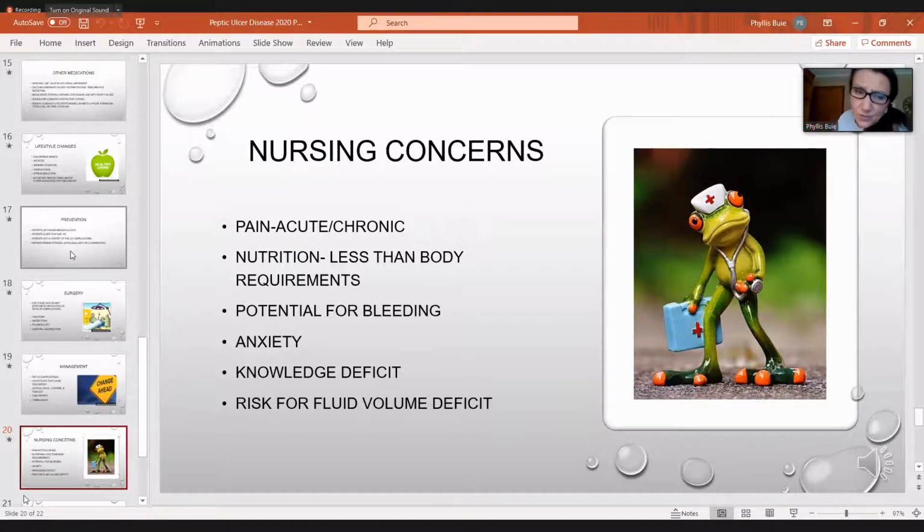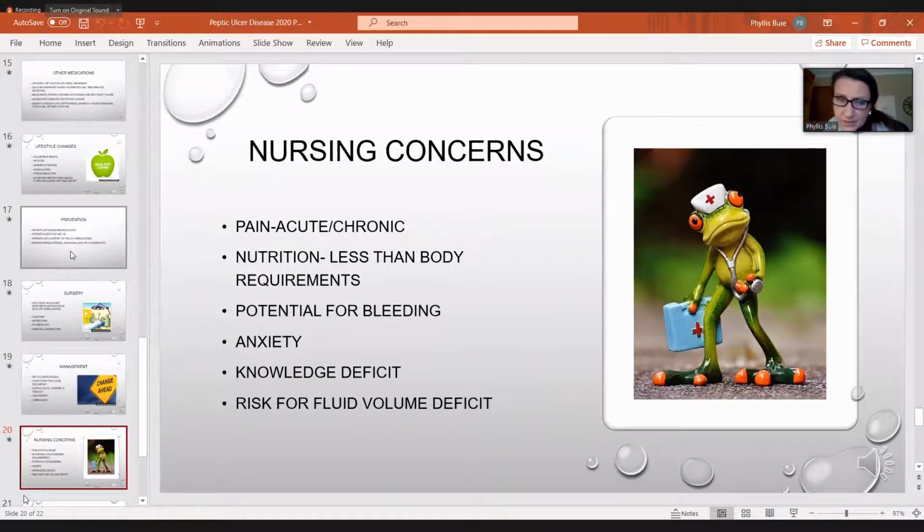Now, in the past, research showed that eating 6 small meals a day may be helpful, but since then, it has shown that it's no longer a part of their treatment regimen. We don't even use that anymore because it has not proven to be beneficial. And it can actually increase the acid production. So we don't encourage that anymore.